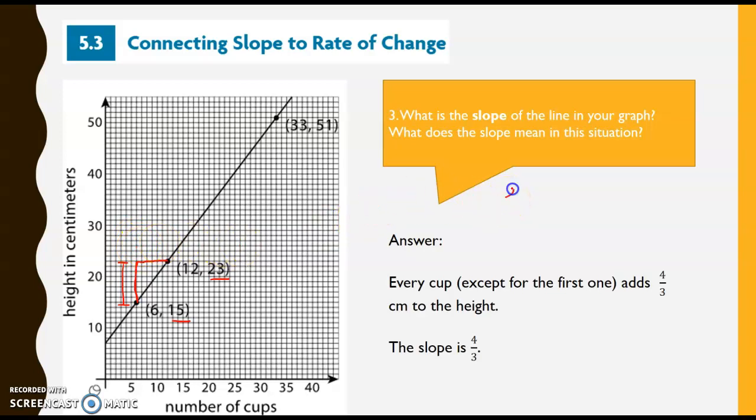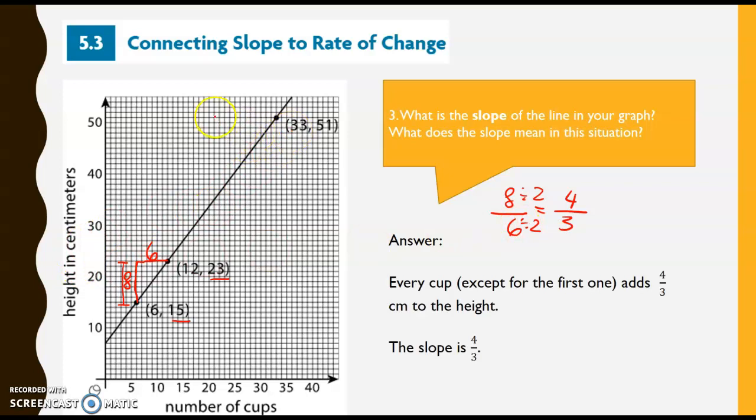So my rise is 8 over my run, which will be 12 minus 6, so it will be 6. Okay, so I have 8 and 6. I can simplify it using 2. So I have 4 over 3.